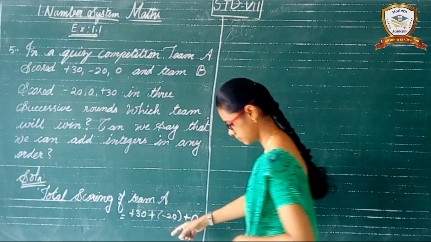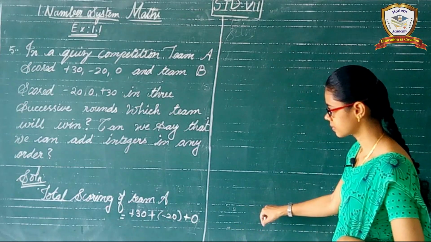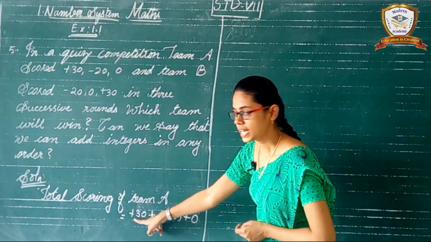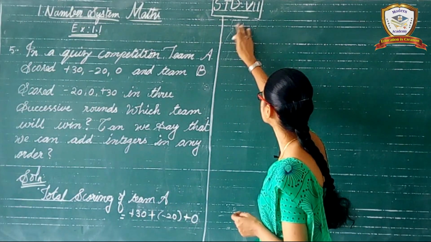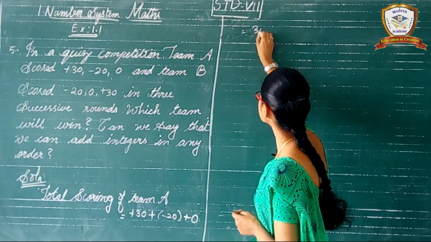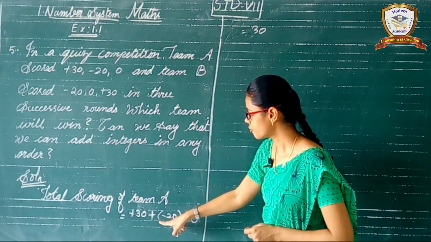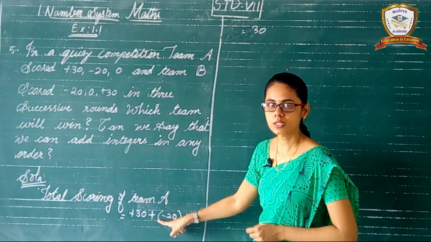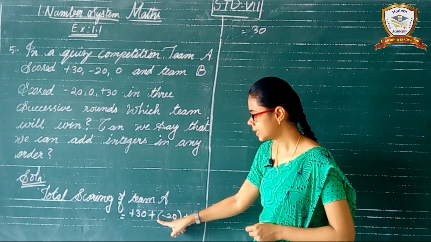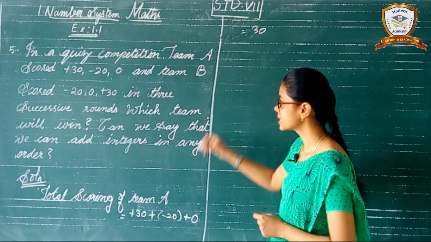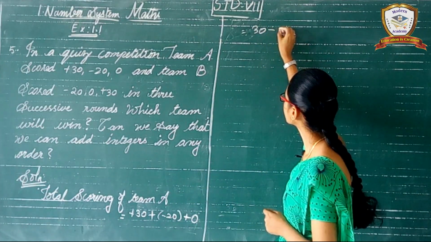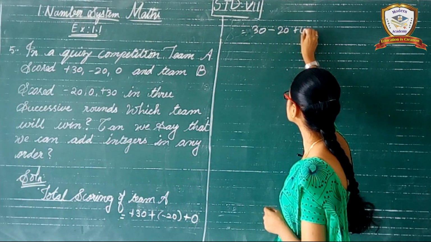Okay, listen. Plus 30, right here, 30 and plus of minus 20. Bracket means multiply, so plus into minus, you know very well. So minus 20 plus 0.